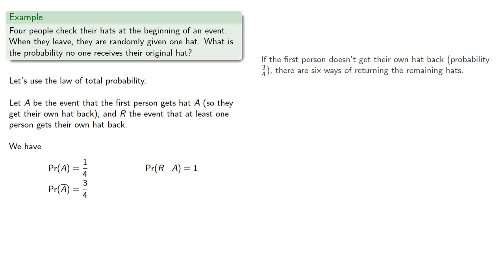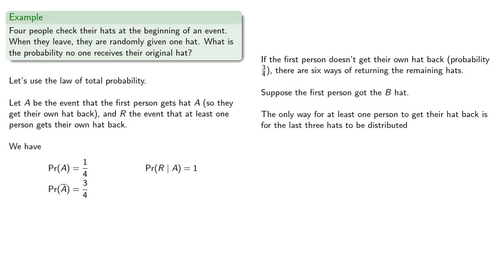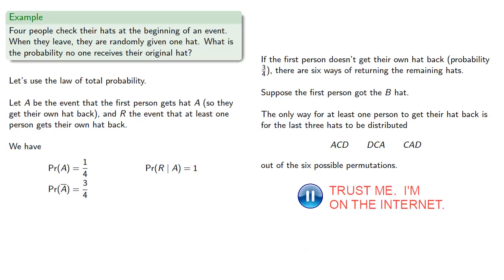So if the first person doesn't get their own hat back, probability 3/4, there are 6 ways of returning the remaining hats. So suppose the first person got the B hat. The only way for at least one person to get their hat back is for the last 3 hats to be distributed in one of 3 ways out of 6 possible permutations.